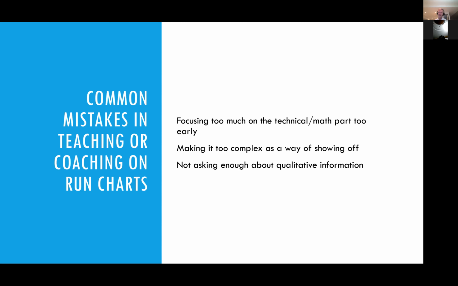And it's tempting to do that because a lot of people use this as a way of showing off, right? They want to show off their expertise, and making math complicated is a good way to do that. Don't do that. Show off by helping your teams get great results and then show off those results. Don't show off to your team by making things complicated.